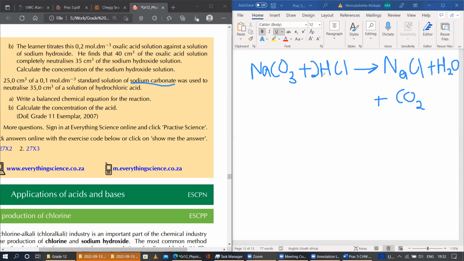So here we're gonna have 2, then here we're gonna have 2, here we're gonna have 2, 1, 1, 2 carbon. I think this is supposed to be 2 as well.